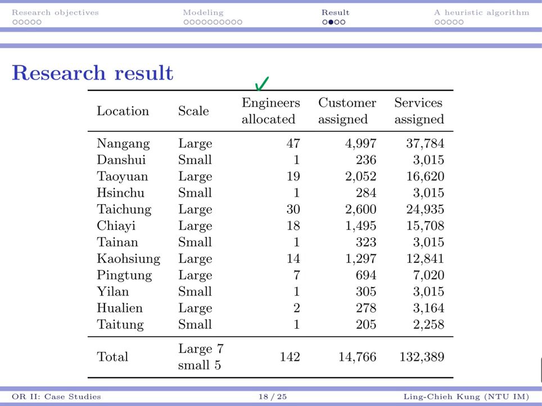And for those small scale offices, because each office may host at most one engineer, you only have one engineer at small offices. You also have the number of customers assigned, all the customers, and the number of services that each facility needs to take care of. And of course, that's a feasible solution.